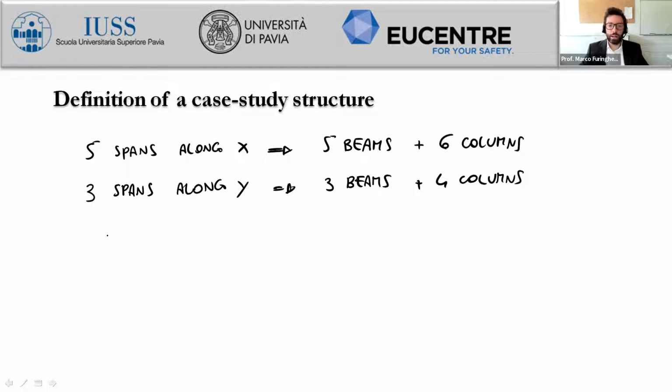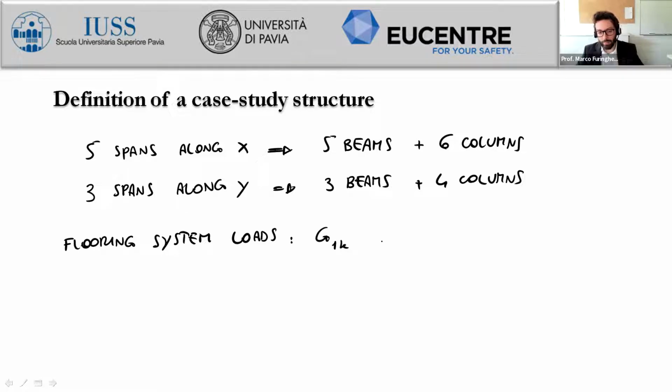For the analysis of all the external loads which are applied, let's consider a flooring system with the following loads. We will consider permanent structural loads, characteristic value G1K equal to 3.0 kilonewton over square meters.